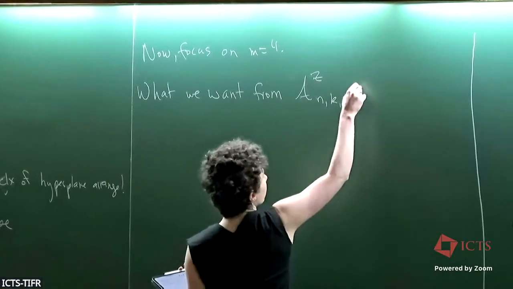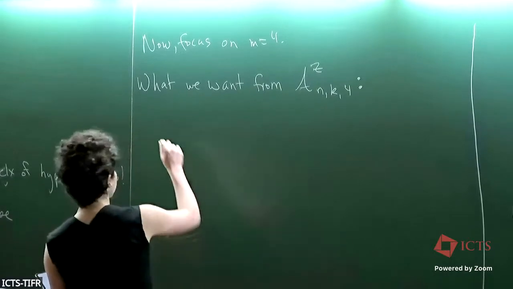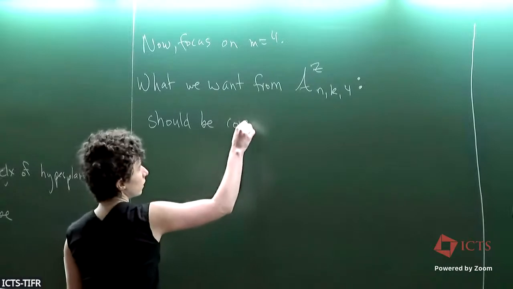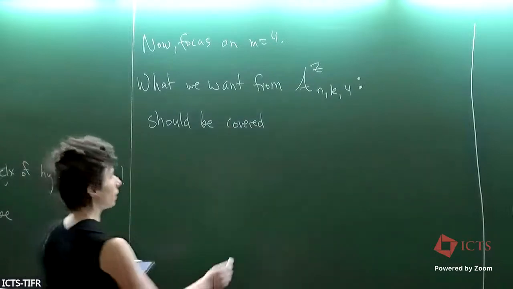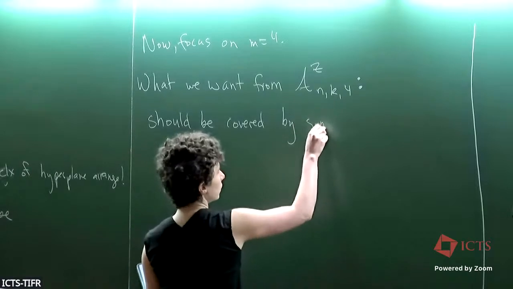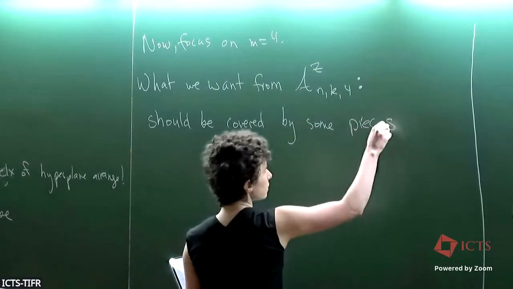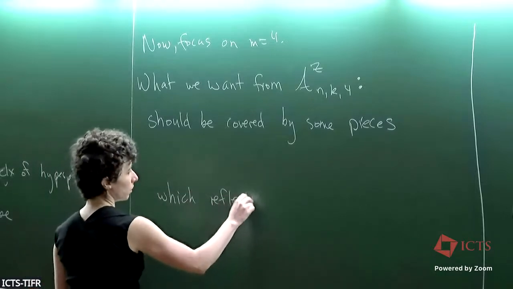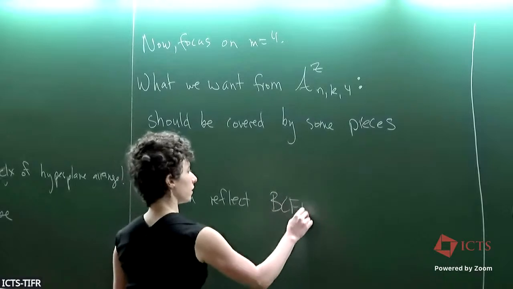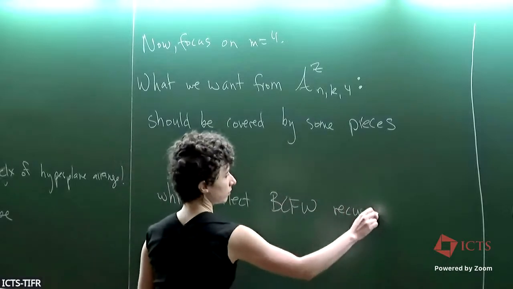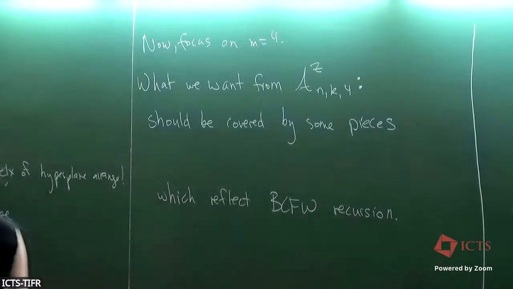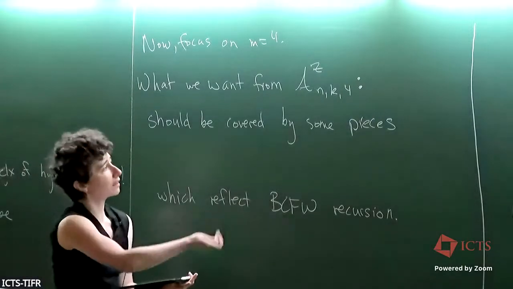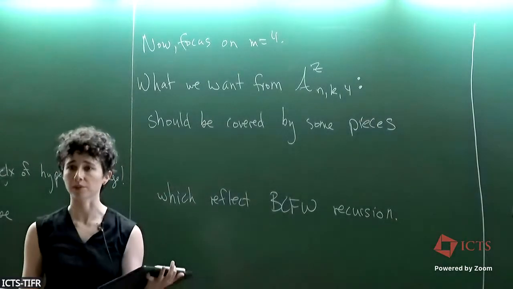What we wanted is that it should be covered by some pieces which reflect the BCFW recursion. Right, that's all of our different BCFW formulas. We want them to tell us some way to break the Amplituhedron up into pieces.